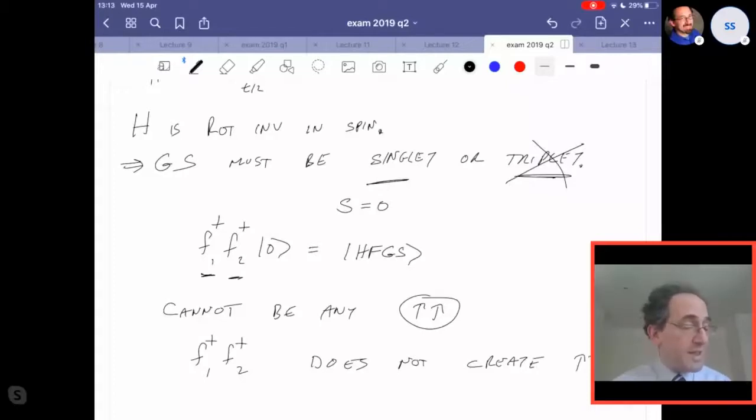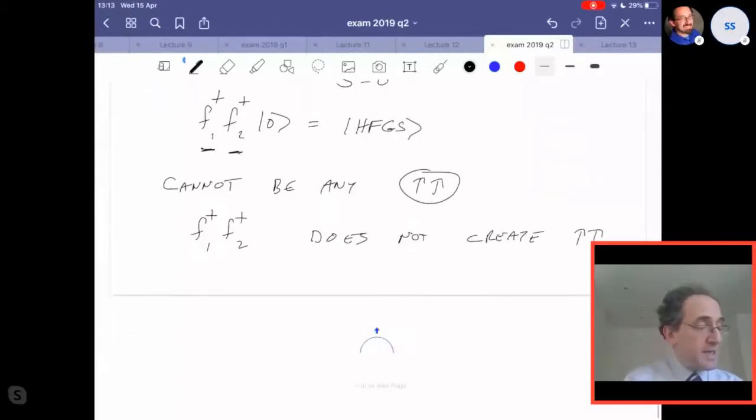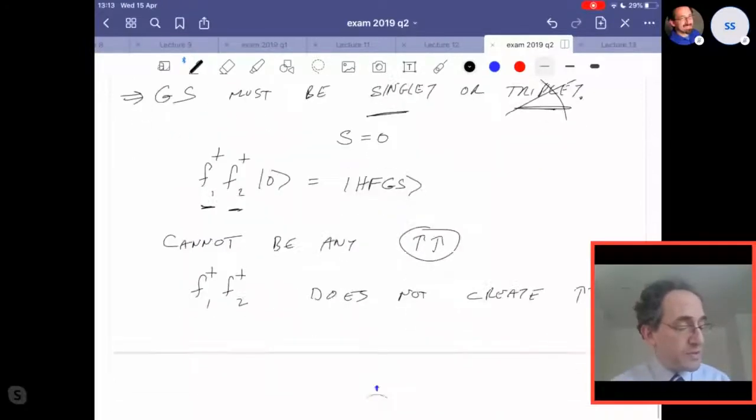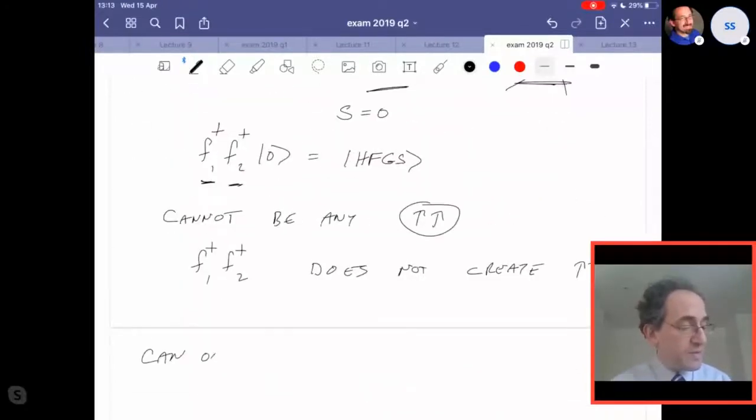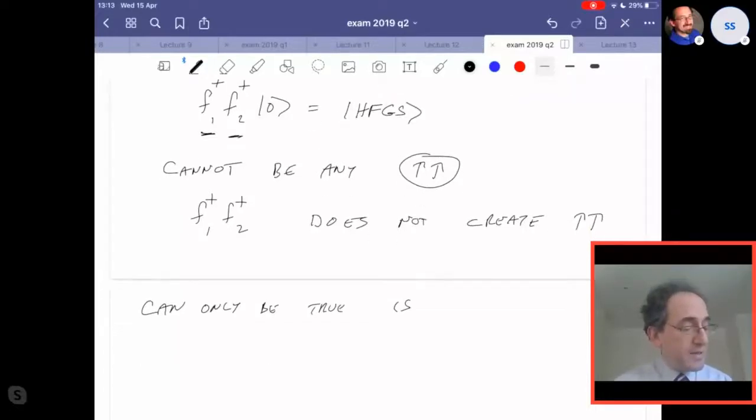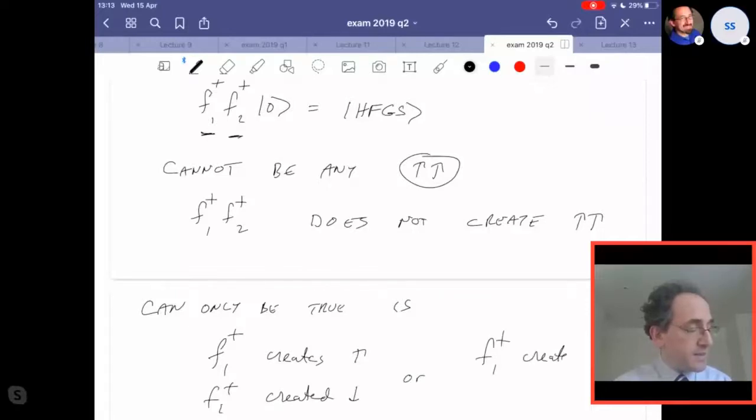Well, that can only be true if F1 creates up and F2 creates down, or the other way around: F1 creates down and F2 creates up.